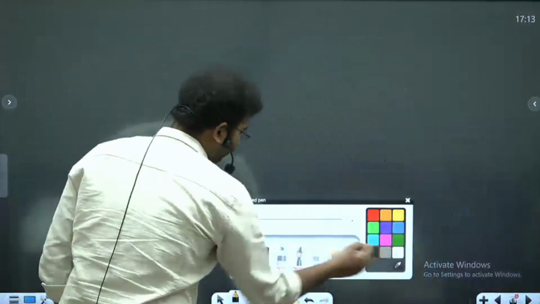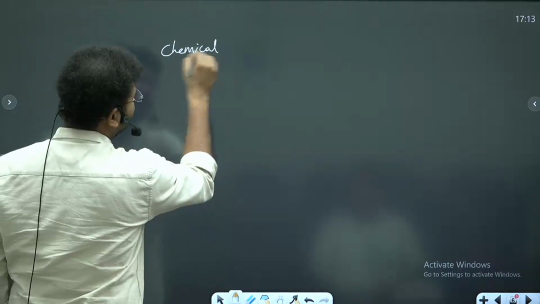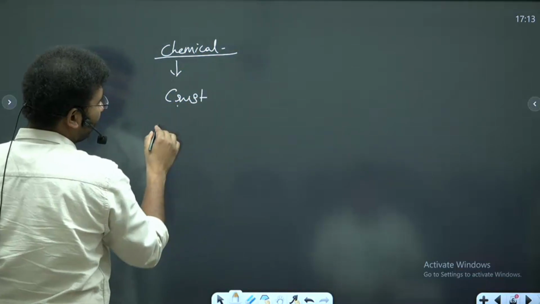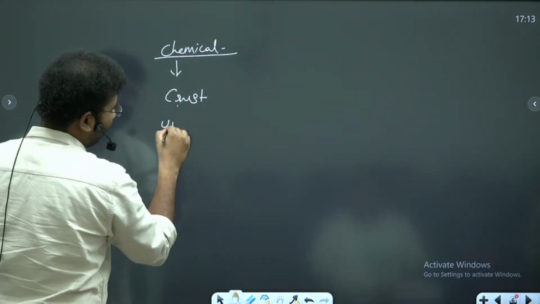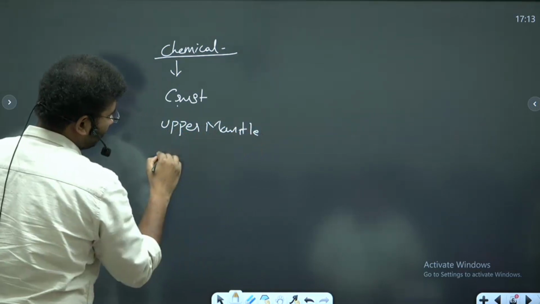First, let's quickly look into the chemical composition. And in this chemical composition, I told you, 1, crust, the topmost layer, followed by upper mantle, and then followed by lower mantle.